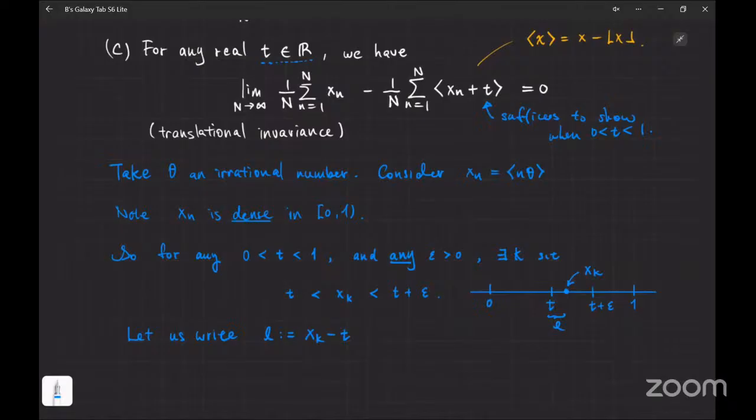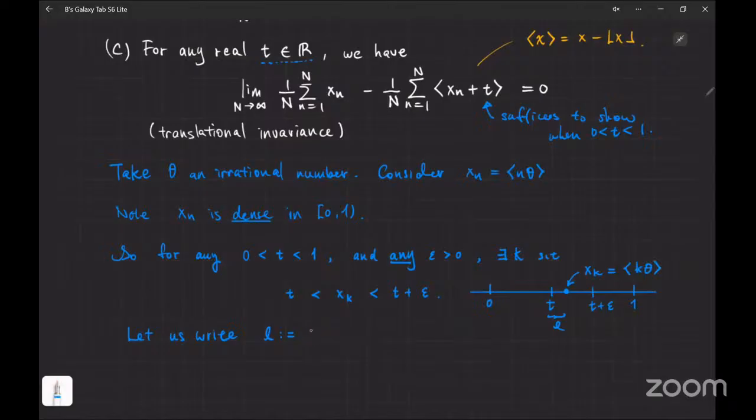And now we can be specific because our xk is this fractional part of n theta, right? So this is equal to some fractional part of k theta. Okay, so let's write it like this instead.